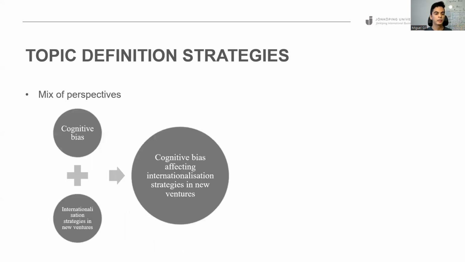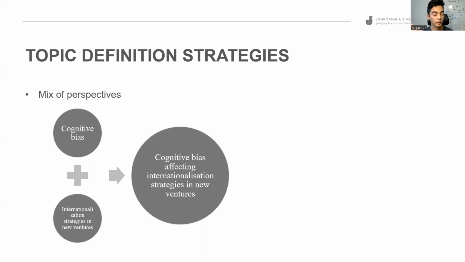But another way is to mix perspectives, or two bodies of literature. Maybe you like psychology and what we call cognitive bias, like how you perceive and interpret things. One cognitive bias, for example, is overconfidence, where you think you are so good that you miss ways of learning or alternatives, and maybe you are not innovative.